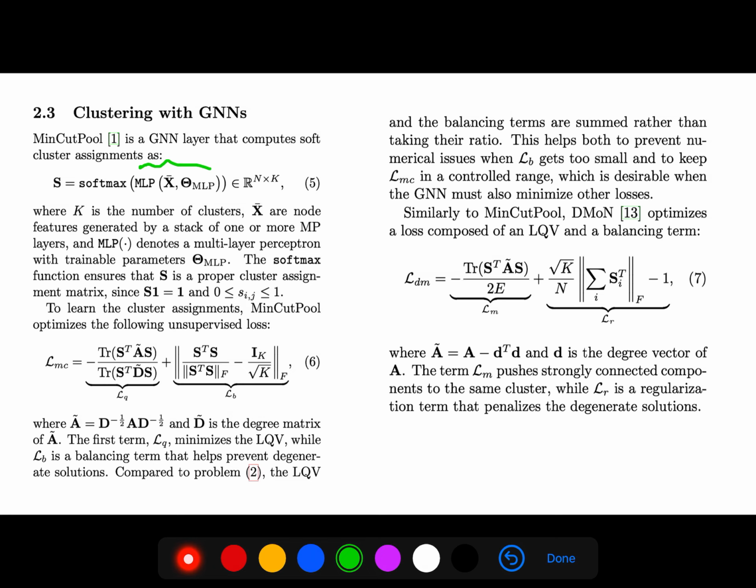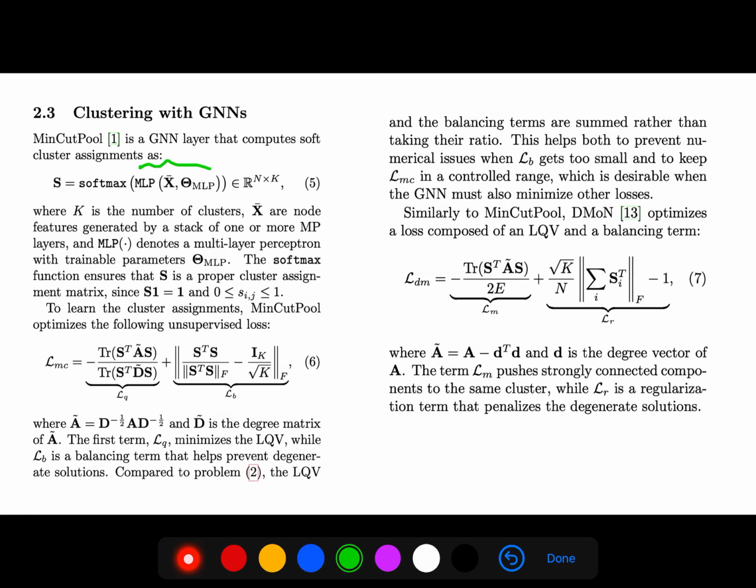So K is the number of clusters. It is fixed in advance, and that's why everybody likes this algorithm. Not because of that it is fixed, but because it is easily seen that the algorithm is differentiable.